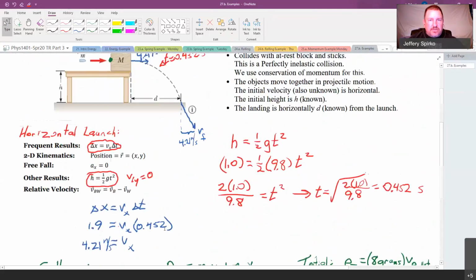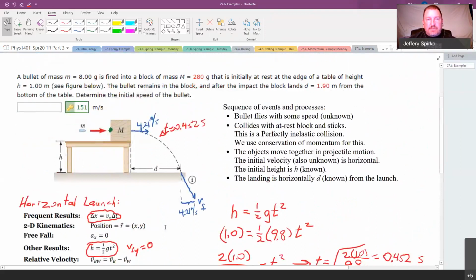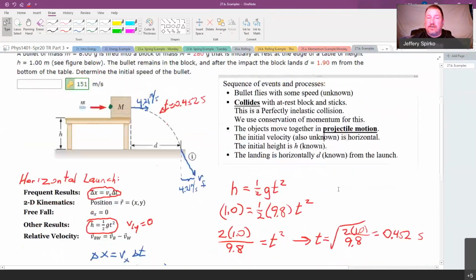So just to review, this is a multi-step process, and the big thing is there's a collision, and then the next big thing is the projectile motion. And the fact that it's a horizontal launch makes our projectile motion a lot easier.